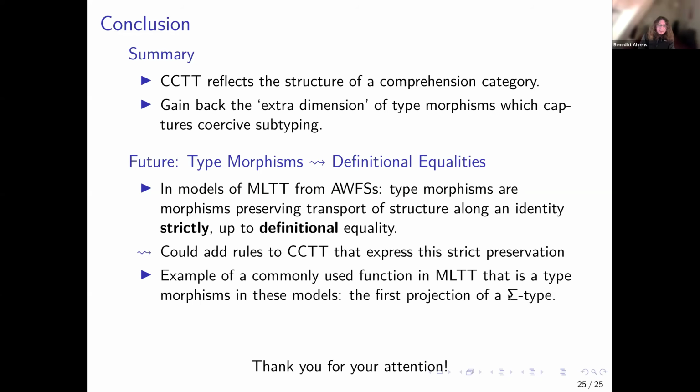And so one could add a rule to, say, CCTT that expresses that the first projection of a sigma type commutes strictly with transport. But we have not looked into this very deeply, but it could be that this gives rise to hopefully a more useful type theory. That's all. Thanks a lot.